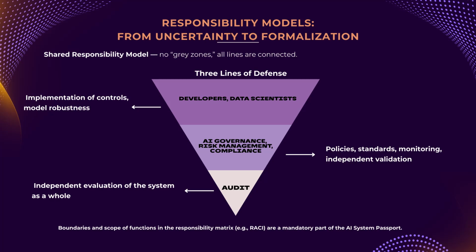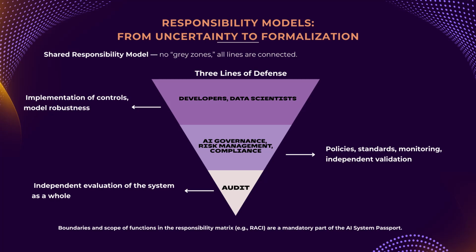Their responsibility is to implement technical controls and ensure model robustness during the creation stage. The second line encompasses oversight and control functions: risk management, compliance, AI governance, and information security. They develop policies and standards, conduct independent validation, including red teaming, and perform risk monitoring.